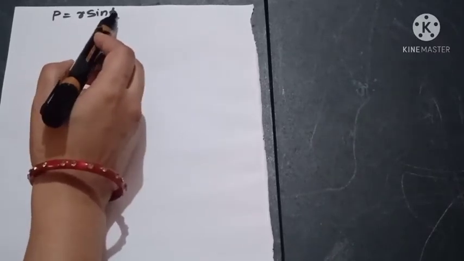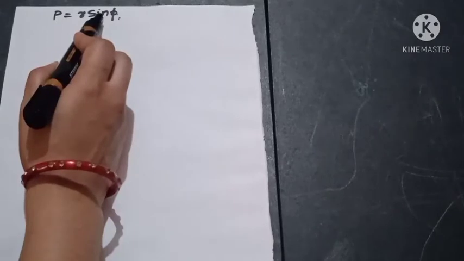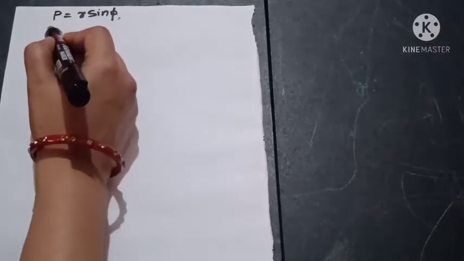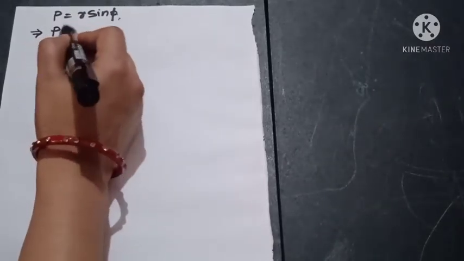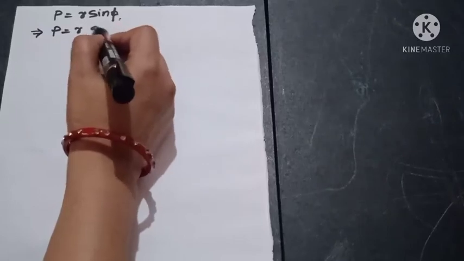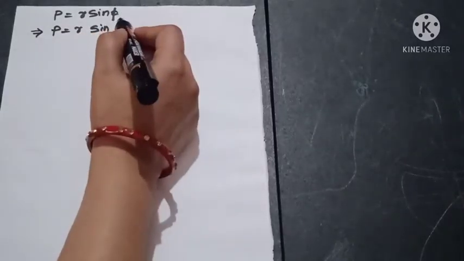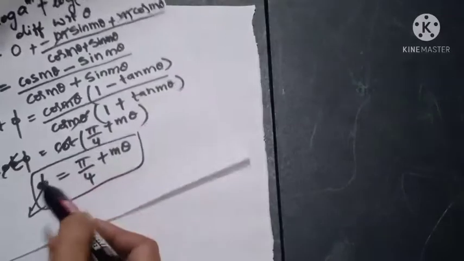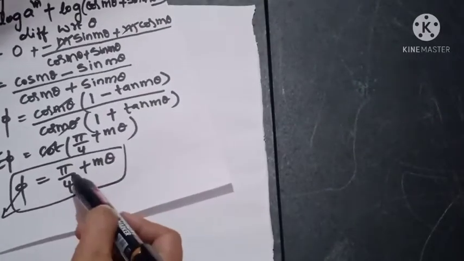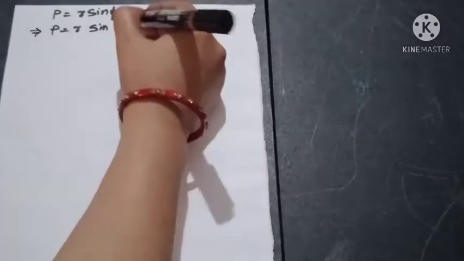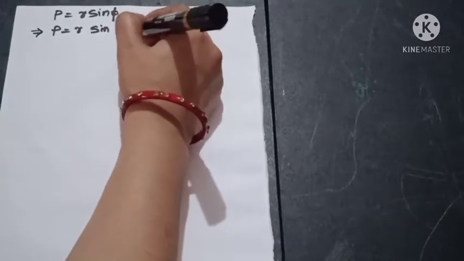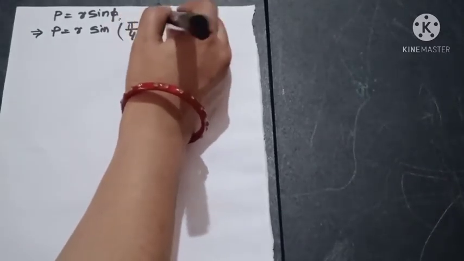We have found the value of phi, so we will substitute it in this expression. So p is equal to r sin of (pi by 4 plus m theta).